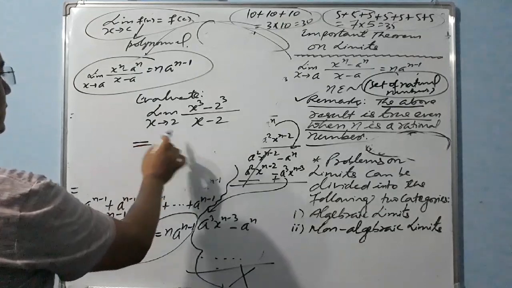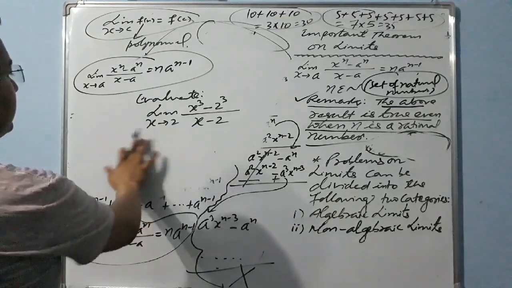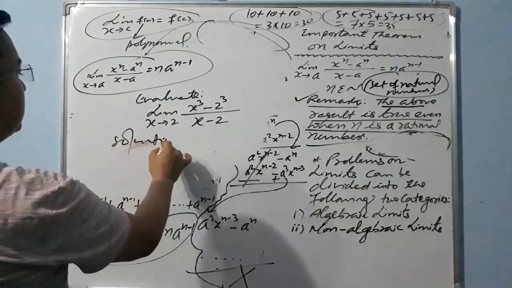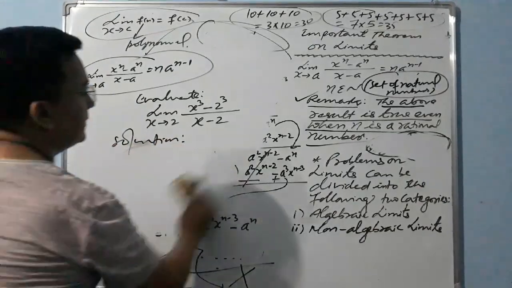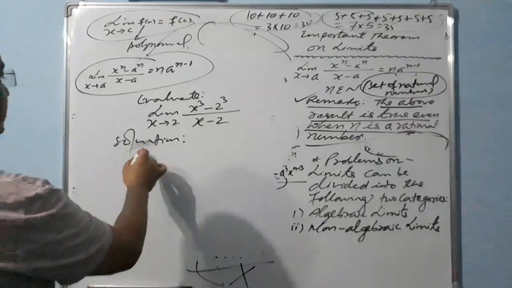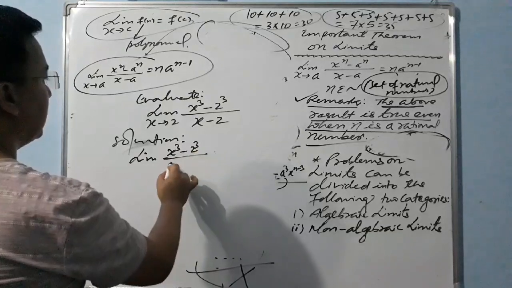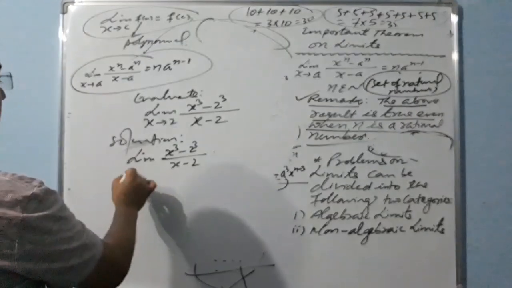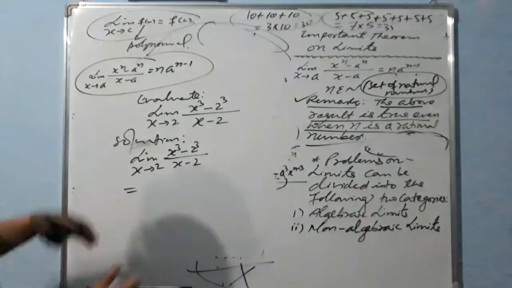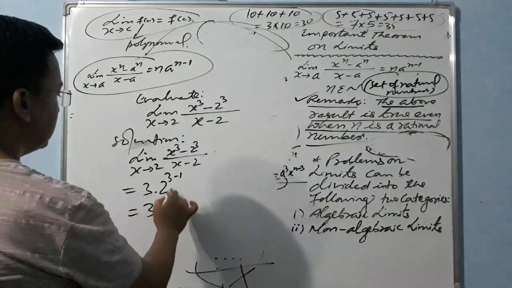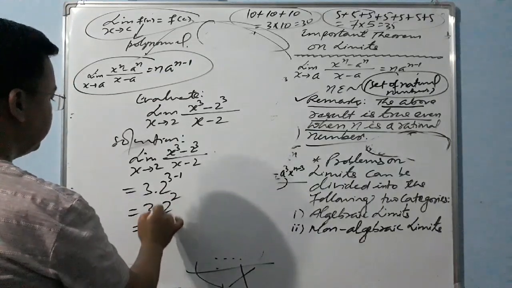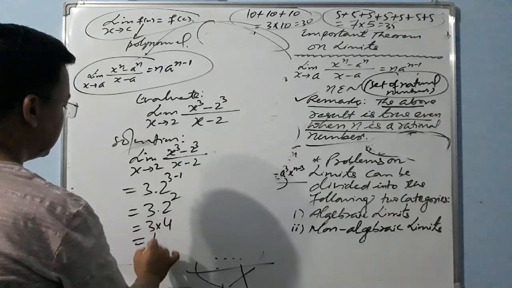Now we can write it down by using this theorem. The limit of (x^3 - 2^3)/(x - 2) as x tends to 2 is equal to, directly applying this theorem, n a^(n-1), which is 3 into 2 raised to power 3 minus 1, so 3 into 2 squared, 3 into 4, which is equal to 12.